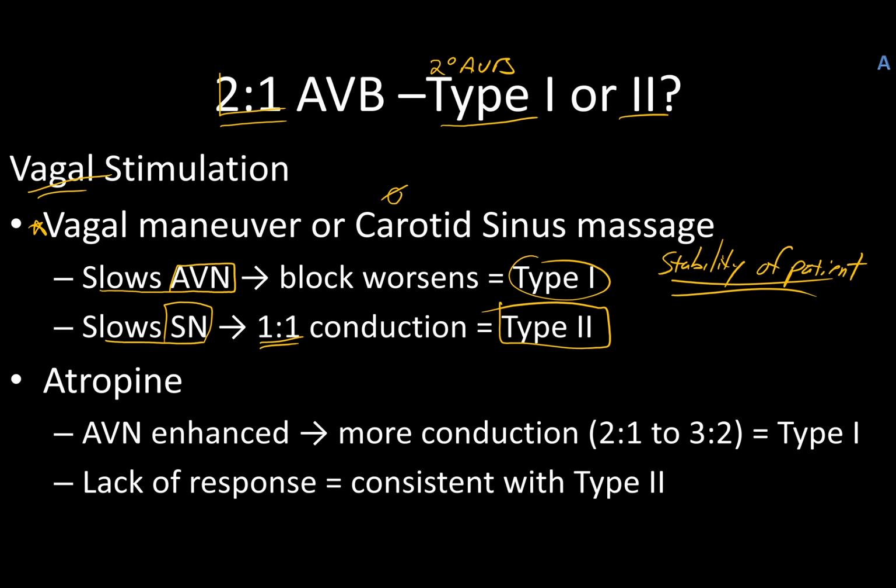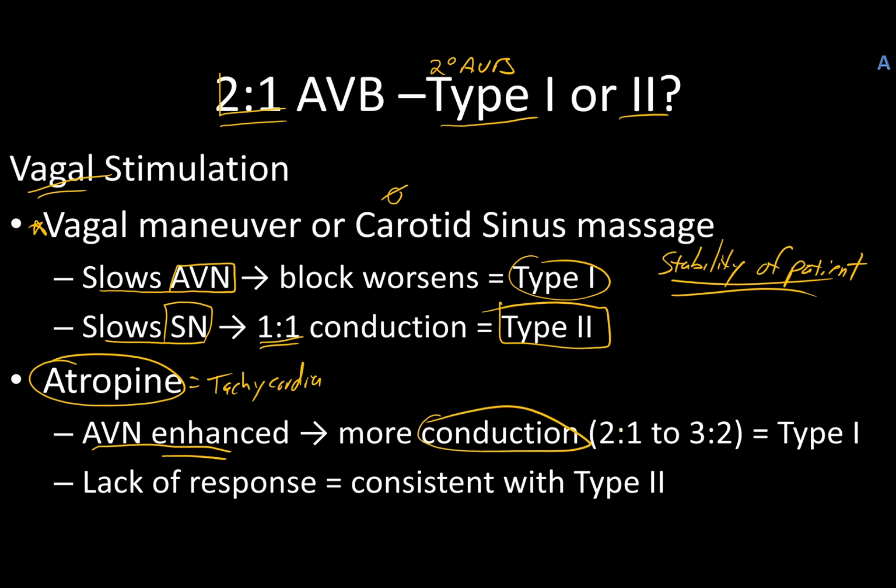The other option that you can do is to use atropine, which of course causes tachycardia. That atropine will actually speed up the AV node and will make it stronger. And when you stimulate the AV node, you will actually have more conduction.